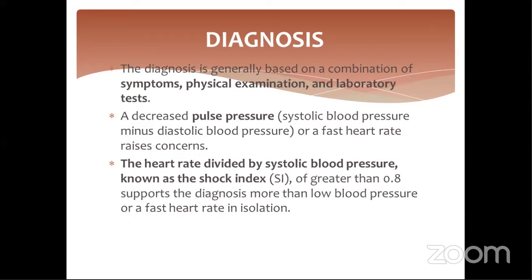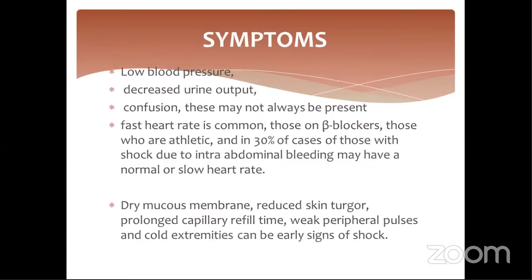The heart rate divided by systolic blood pressure is known as the shock index. If it is greater than 0.8, it supports the diagnosis more than low blood pressure or fast heart rate in isolation. So, shock index and pulse pressure are the main examinations. Symptoms are low blood pressure, decreased urine output, and confusion.